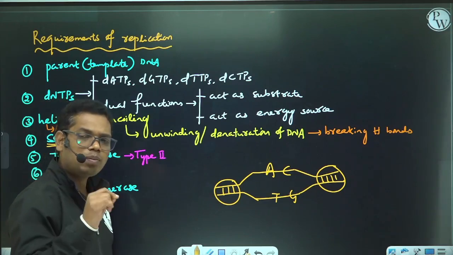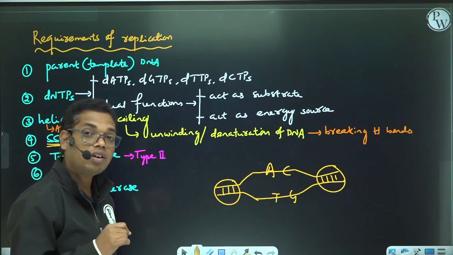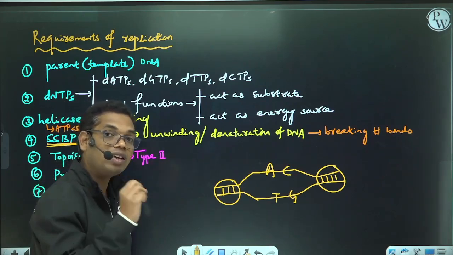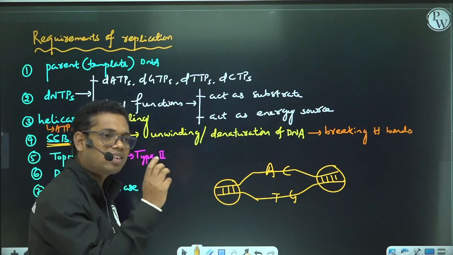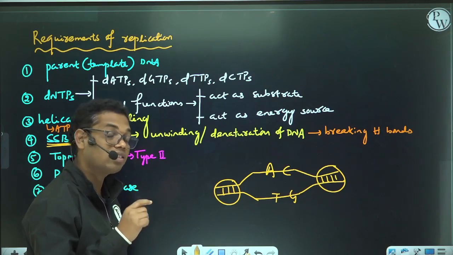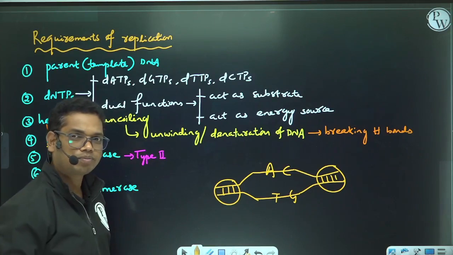What about primase? See, the DNA polymerase cannot initiate replication. It will add the dNTPs only if it has a pre-existing polynucleotide chain, and the pre-existing chain that has the 3' OH group is nothing but the primer.